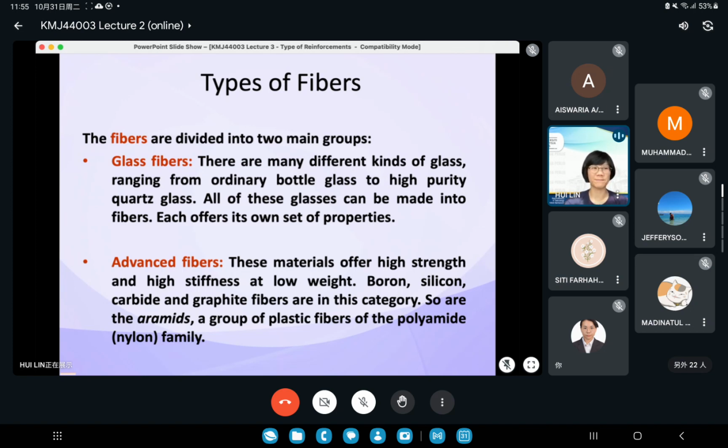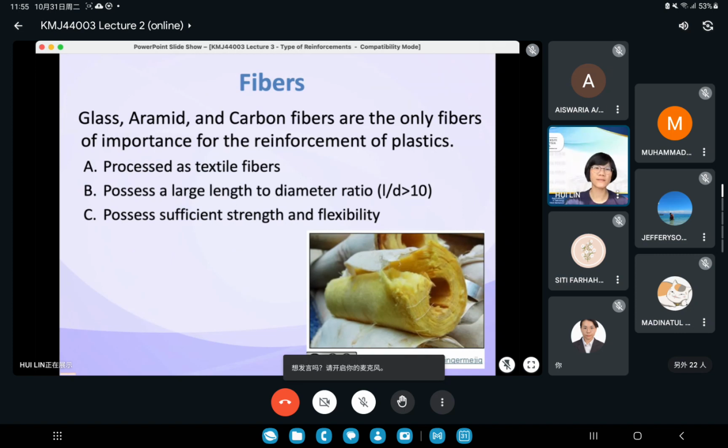You can make graphite fibers, aramid fibers, polyamide, nylon. These are all advanced fibers. I'll pass through this. For example, we will focus on glass.